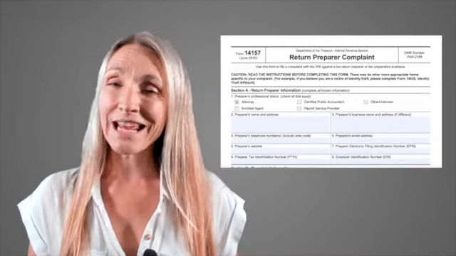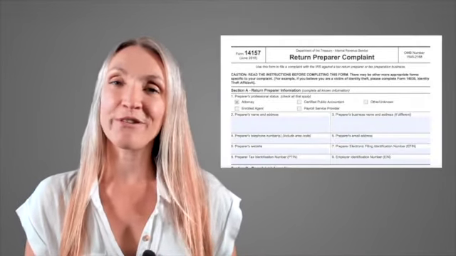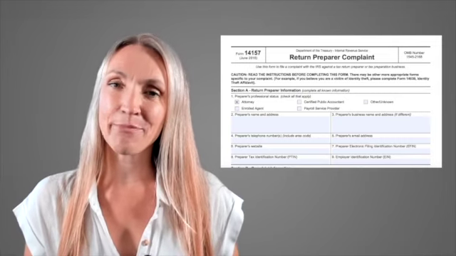For all of these things, you need to fill out a return preparer complaint with the IRS, and we'll talk about other steps you need to take as well in this video, including a few more examples so that you know exactly when you should be filing this form and taking this type of action.